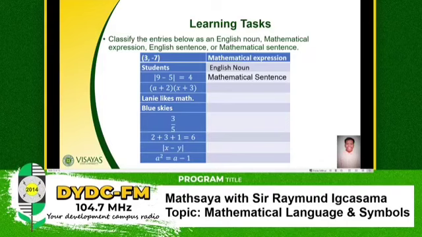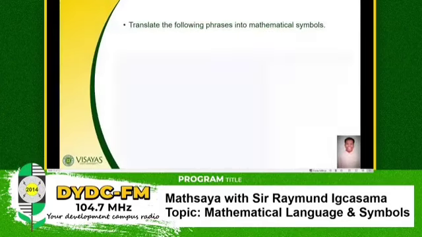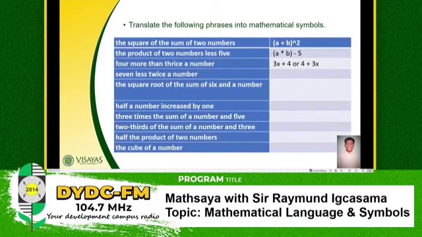For the assessment part, you are going to translate the following phrases into mathematical symbols. I have given you the first 3 as examples. The square of the sum of two numbers. This time, I am using the letters A and B as my variables. Again, you can choose any letter in the English alphabet.